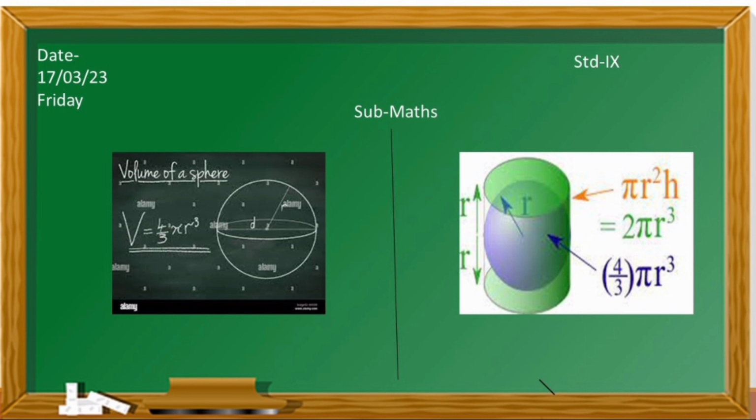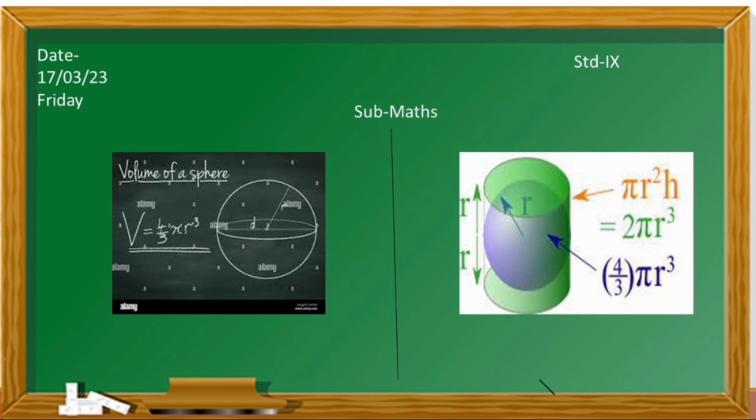What can you observe here? The water level increased. Do you know why? Listen now. It increased due to the increase in volume. The volume of a sphere is the same as the volume of water that is displaced by it.